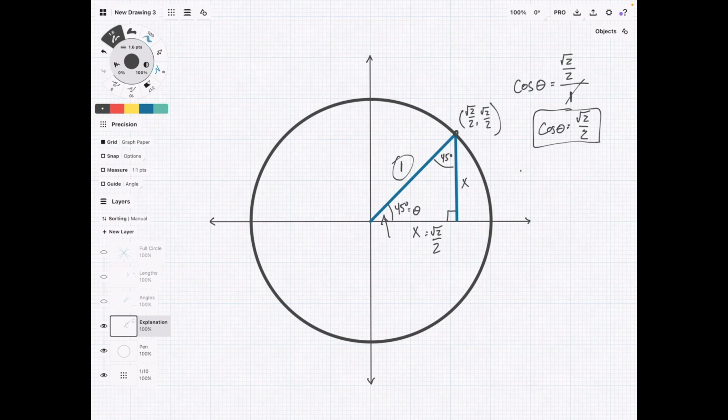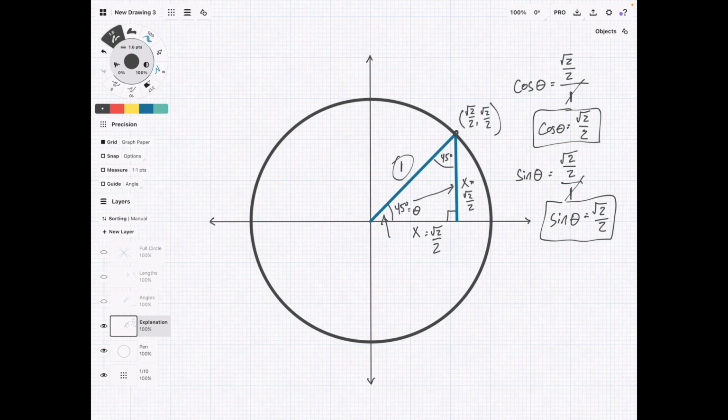Now let's do it again for sine of theta. So sine is opposite, which again is square root of 2 over 2. So we're going to have square root of 2 over 2 all over the hypotenuse, which is 1. So again, this goes away, and we have that sine theta equals square root of 2 over 2.